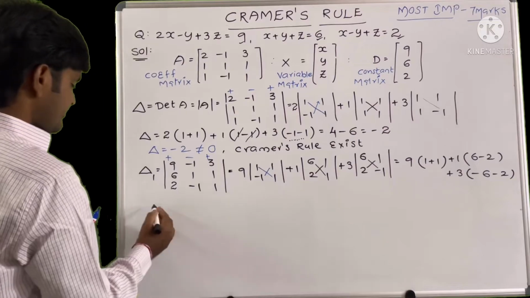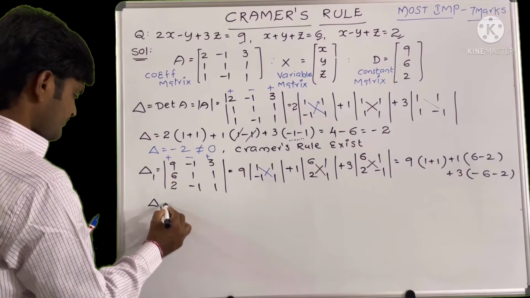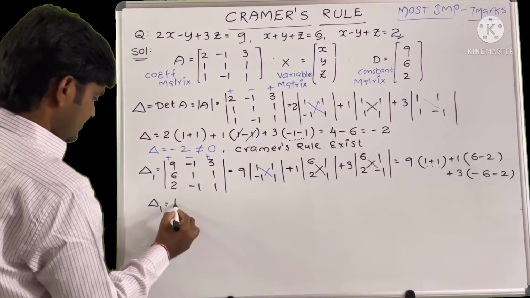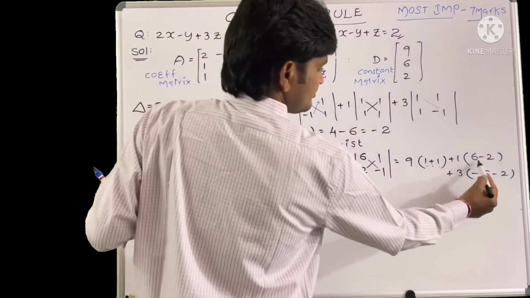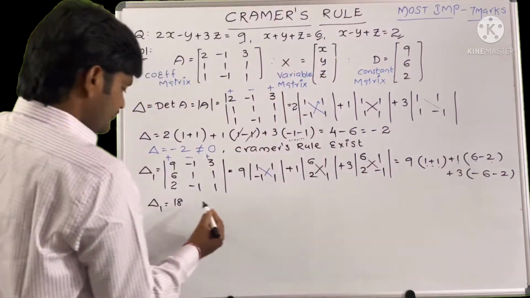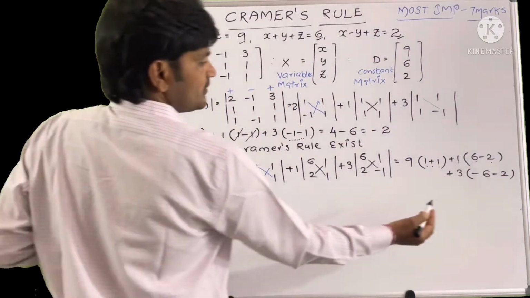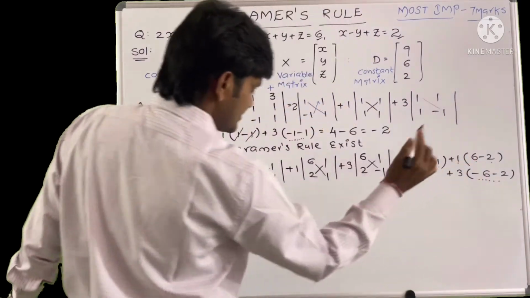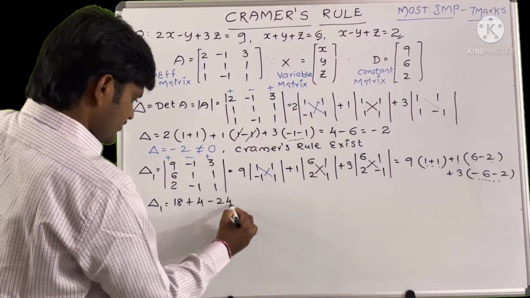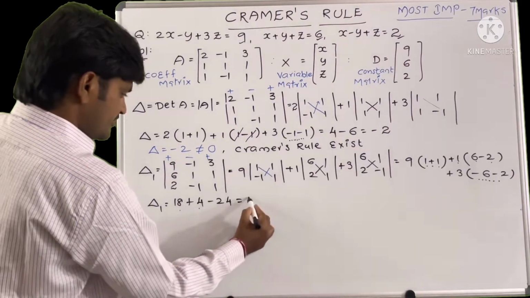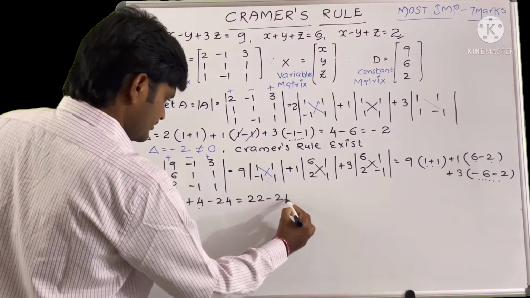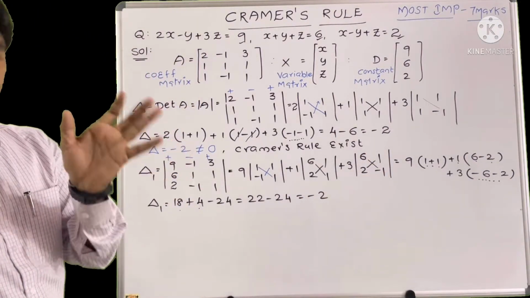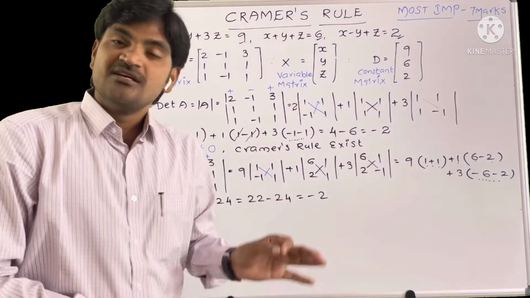Now the simplification of the delta 1 value: 1 plus 1 is 2, 2 9s are 18; 6 minus 2 is 4, 1s are 4; minus 6 minus 2 is minus 8, 3s are minus 24. So 18 plus 4 is 22, minus 24 is minus 2. So the delta 1 value is minus 2.